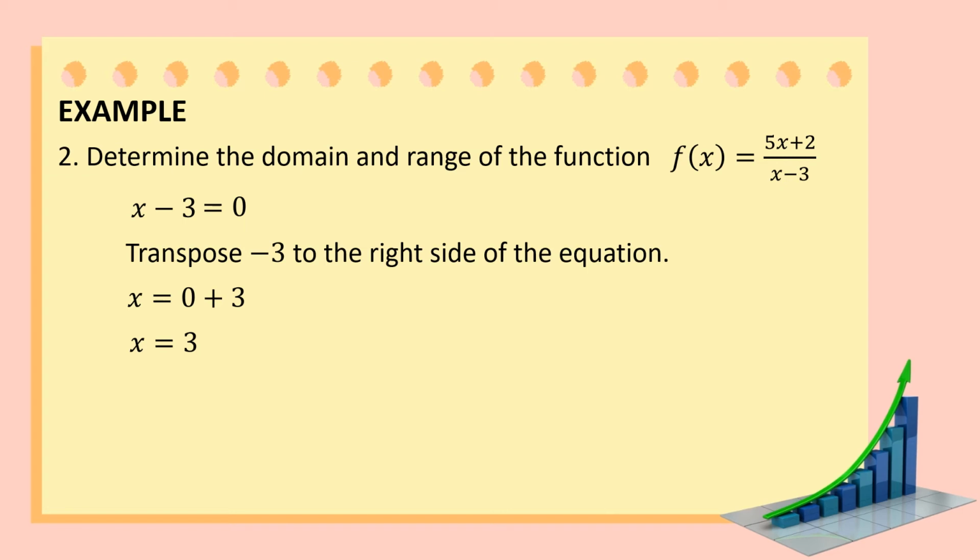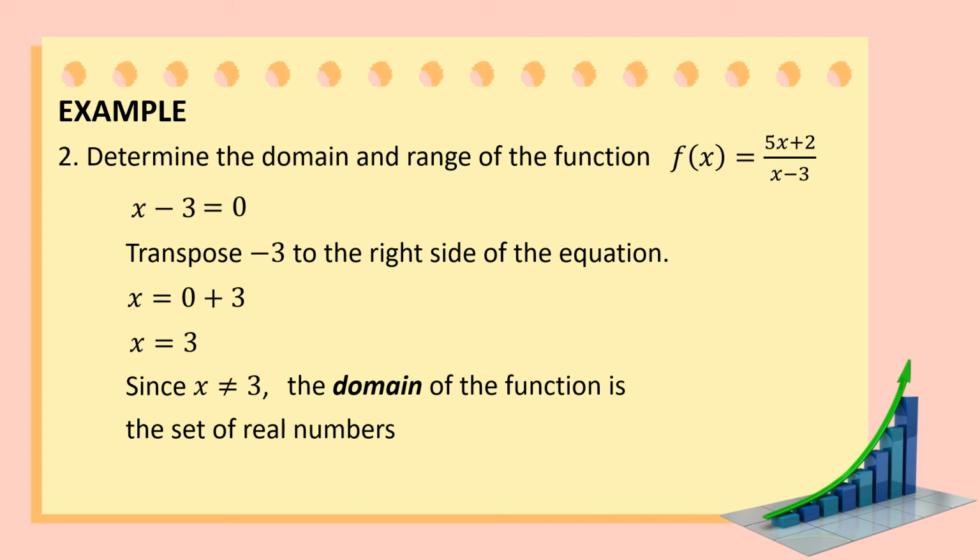Our x now should not be equal to positive 3. Since x is not equal to positive 3, the domain of the function is the set of real numbers except 3. Domain is equal to the set of x such that x is not equal to positive 3.